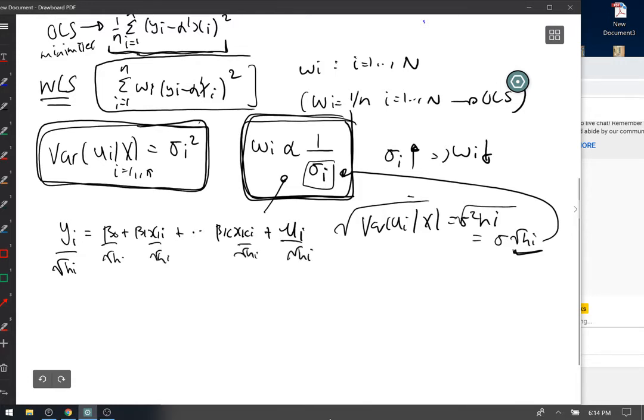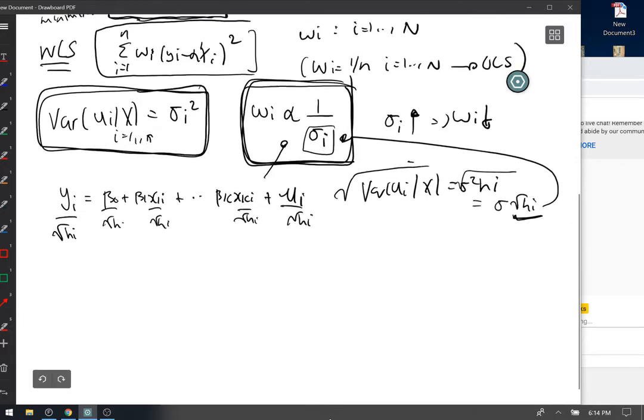Well, there's two ways to think about this. Now, in this new model, this is just a new regression where we've got y_i star equals b0 times x0 star, and we'll see the link between the two intercepts, plus b1 x1i star plus so on.